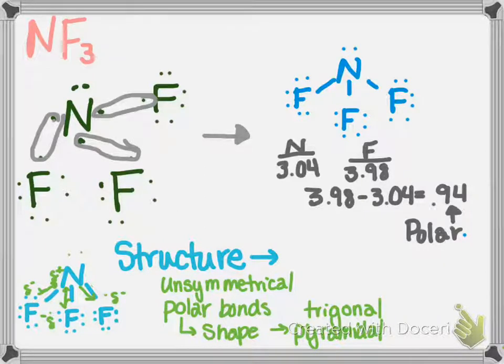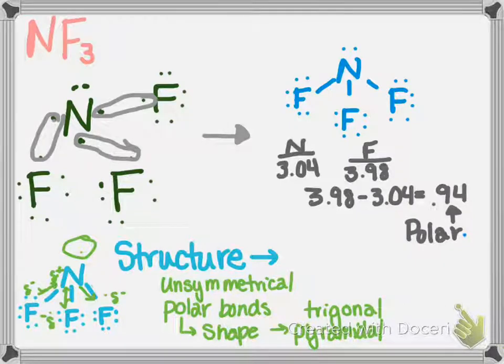Because of that push of electronegativity down on our fluorines, the push from our fluorines up on our nitrogen and the push from these 2 valence electrons down on our fluorines results in an unsymmetrical structure. So this you saw yesterday with your nitrogens and hydrogens, where you saw it kind of raised up off the desk, okay?